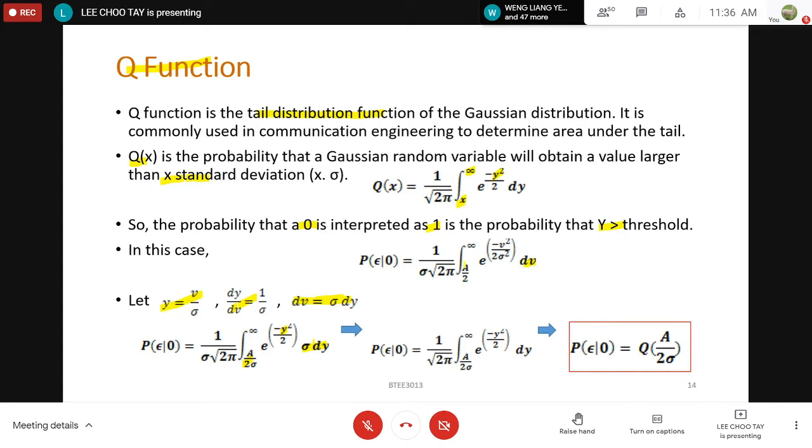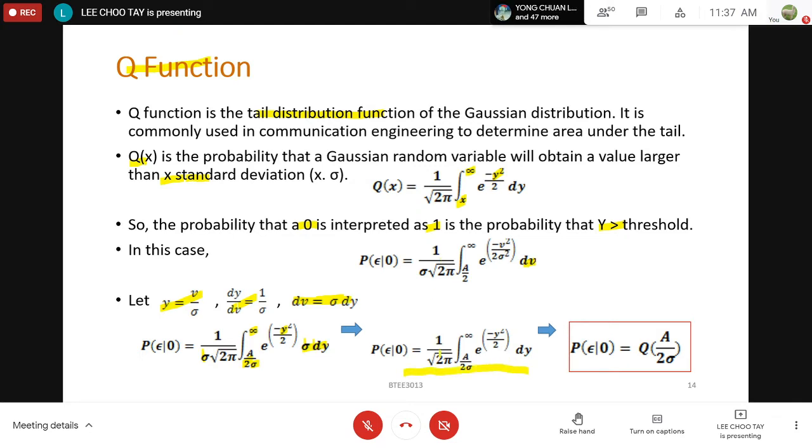When changing to y, the limit becomes A over 2 sigma. Infinity you see is the same infinity. And if I simplify this equation by cancelling this sigma with this sigma, then you see that the probability of error when a 0 is sent looks like this already.